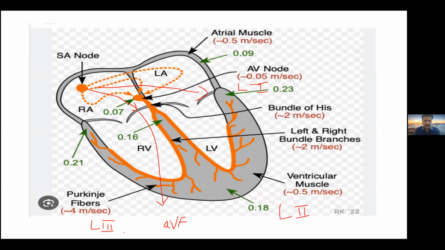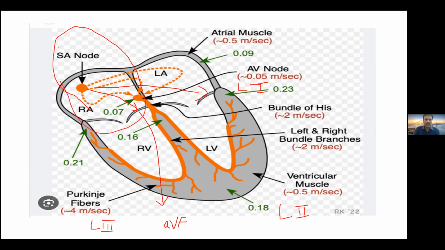Simple. To reach from the SA node to the AV node, it takes 0.07 seconds, less than 2 small squares. Whereas in a patient having, say, right atrial enlargement, it means the right atrium has enlarged like this.